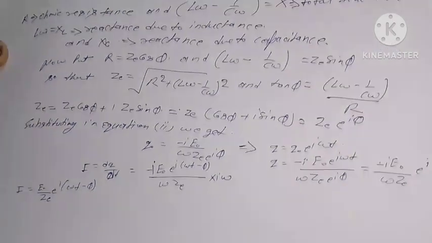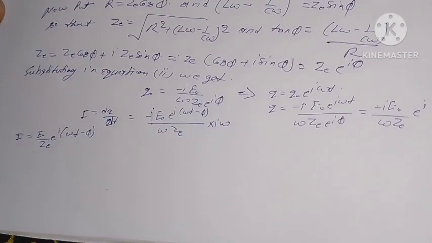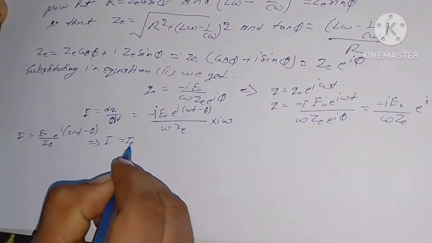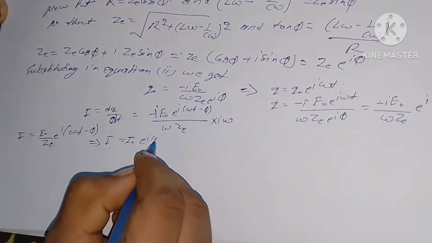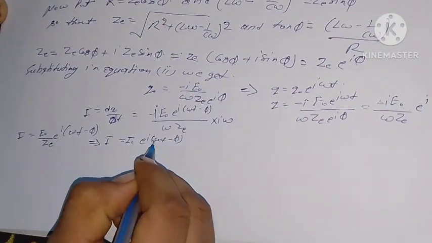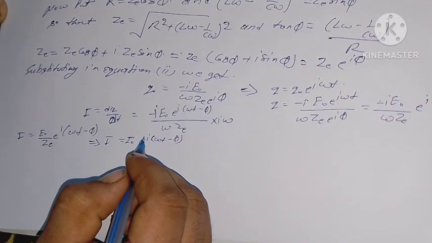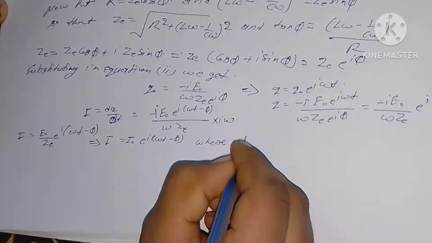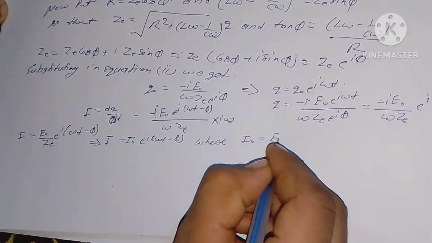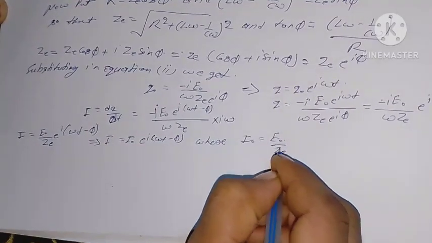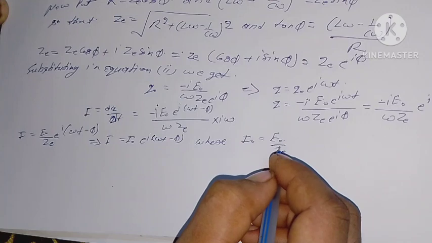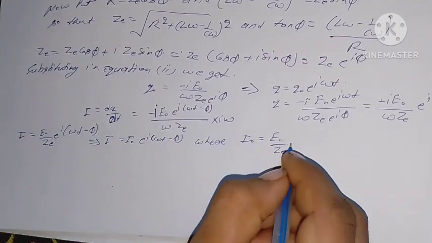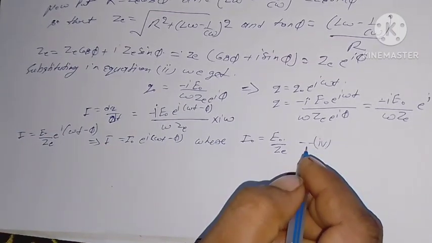Then I equal to I naught e to the power i omega t minus phi, where I naught equal to E naught upon Z. This is equation number 3 and equation number 4.